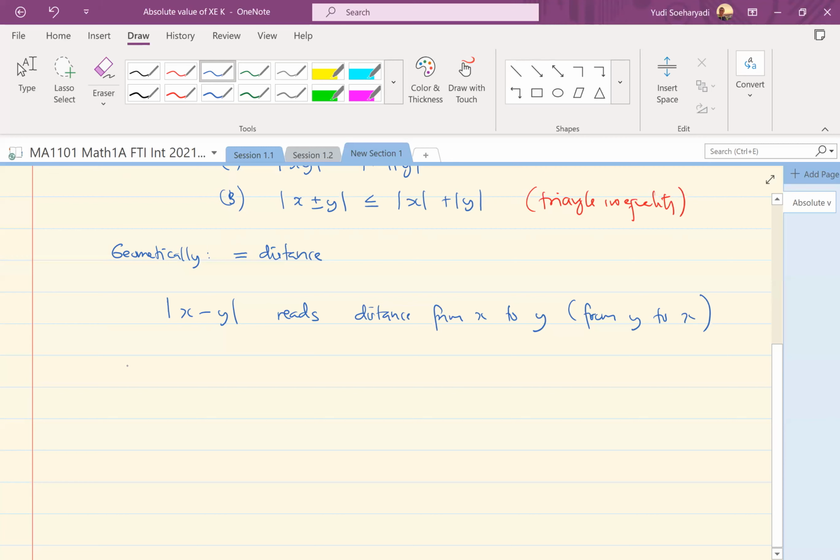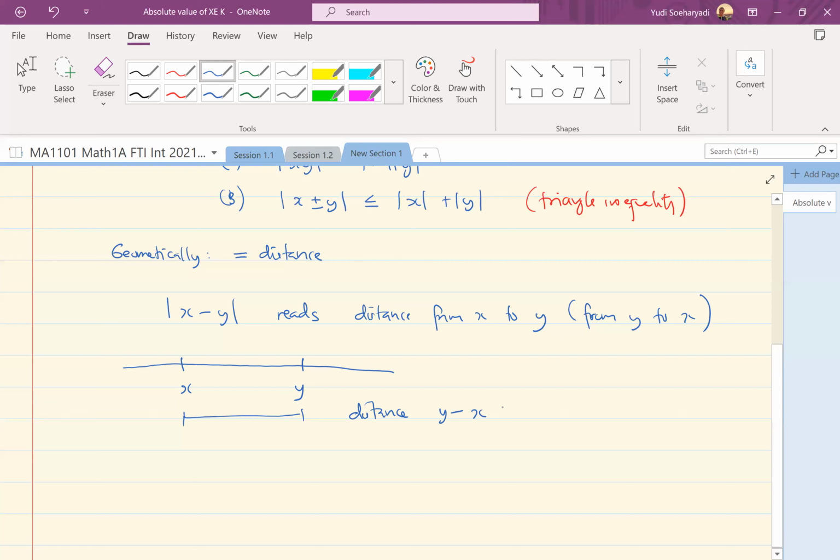Because this distance here, usually you compute by taking the one on the right minus the one on the left.